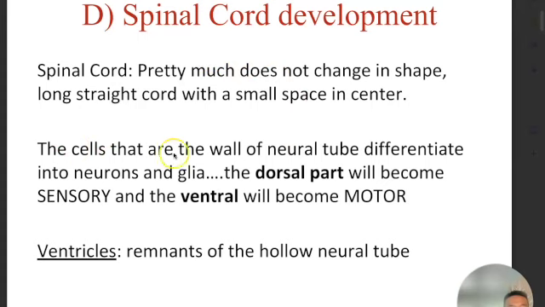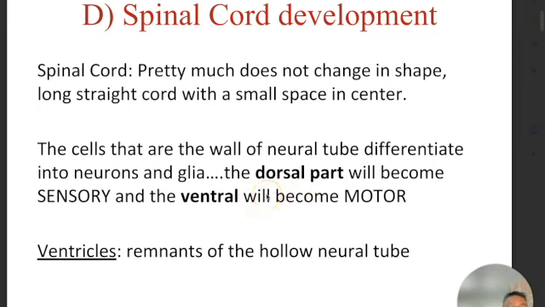Okay, the cells in the wall of the neural tube differentiate into neurons and glial cells. The dorsal part would become sensory, and the ventral part would become motor. Now this is very important. So the dorsal is in the back, and it will become your sensory part.